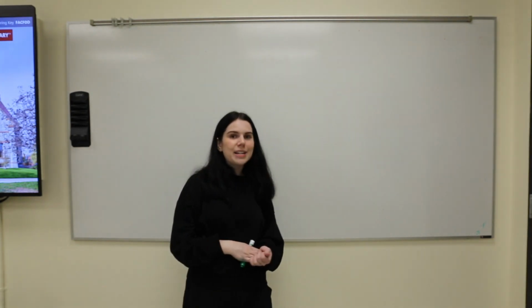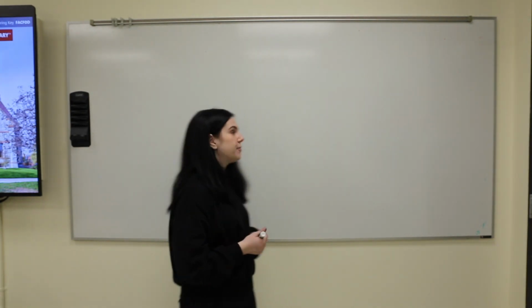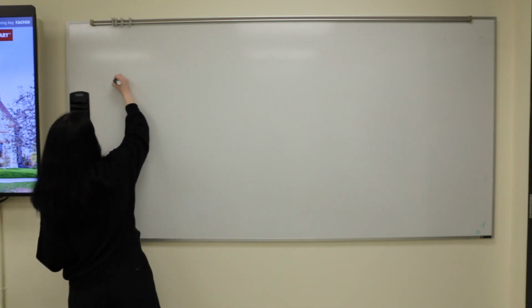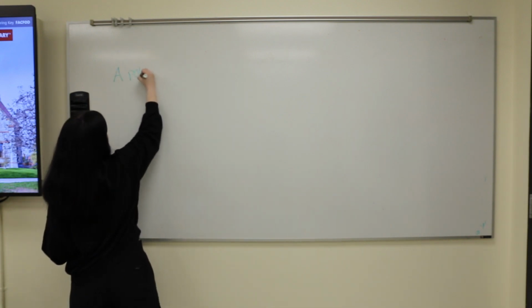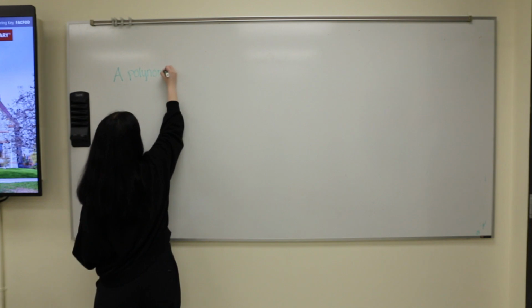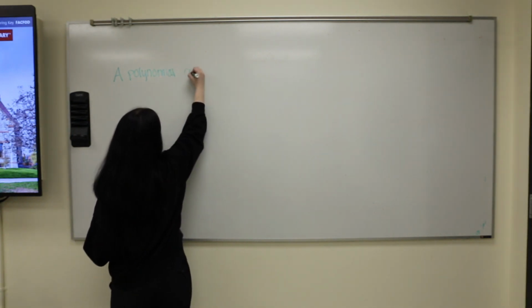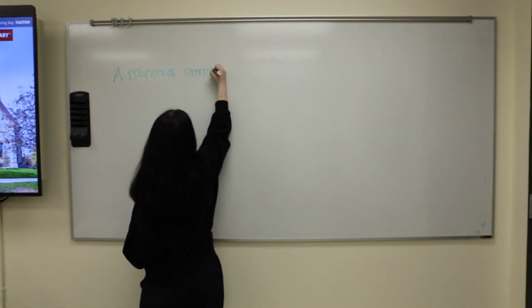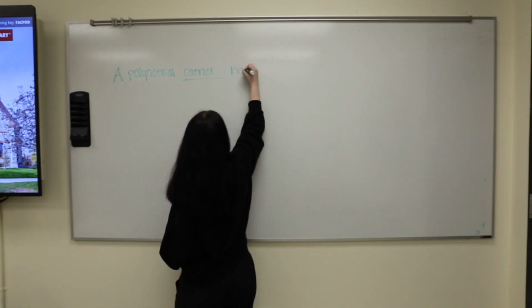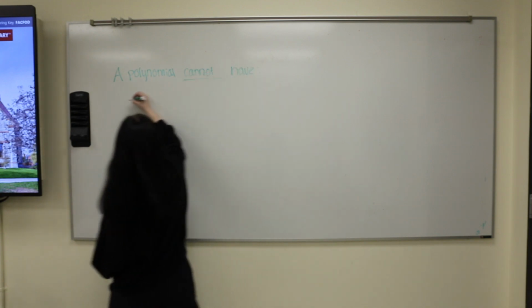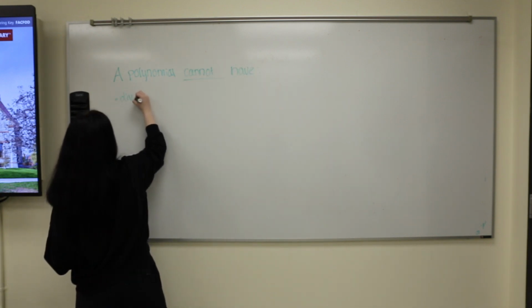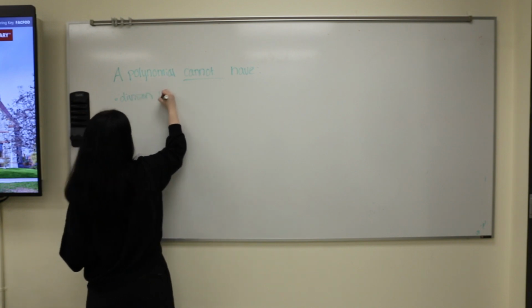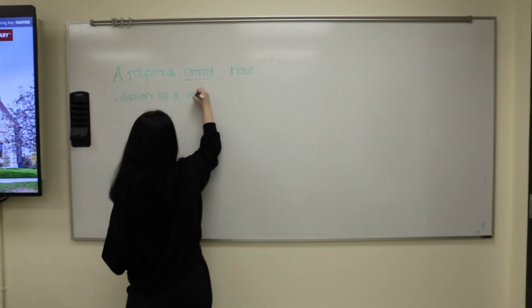There are also some things that a polynomial cannot have. So a polynomial cannot have division by a variable.